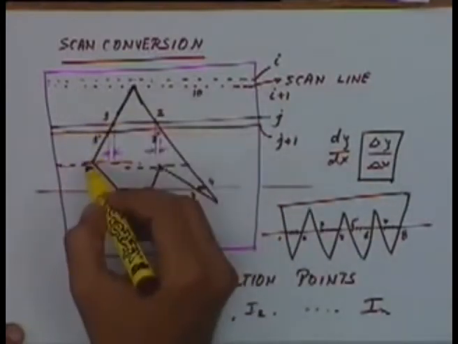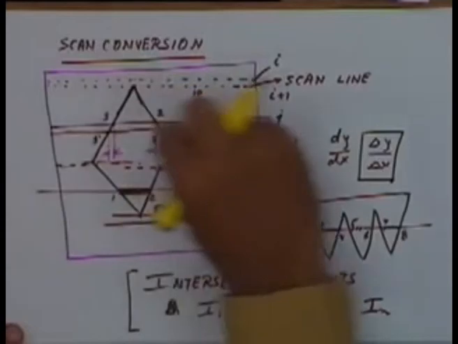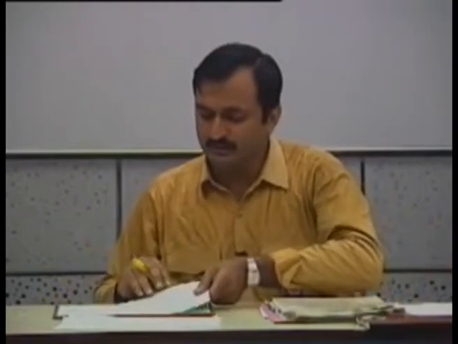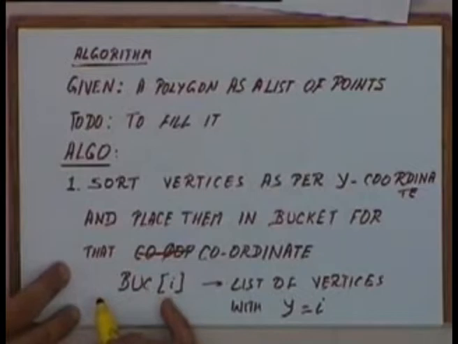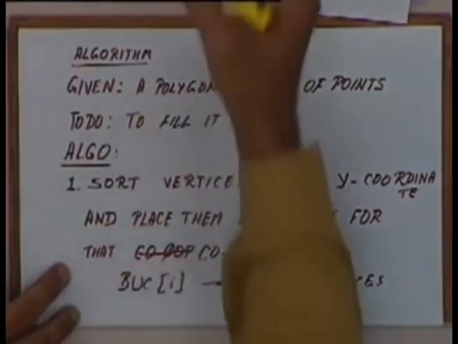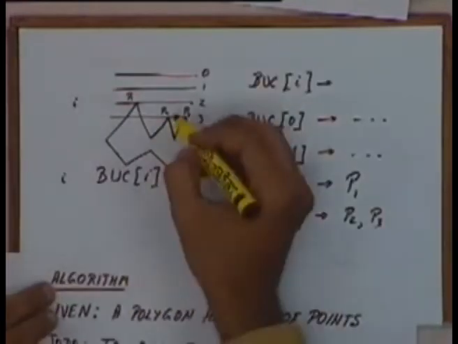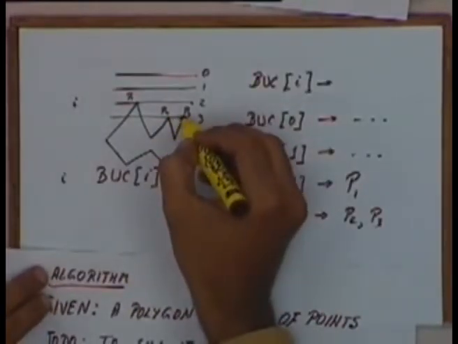If a particular edge is active, that means that edge is intersecting the scan line. So the first part of the algorithm is taking care of telling us on a particular scan line which are the vertices which are occurring.